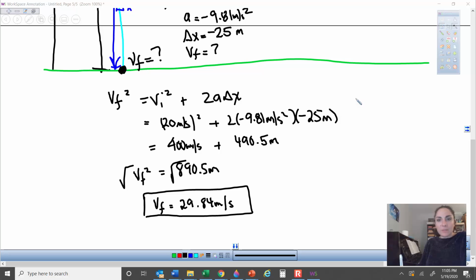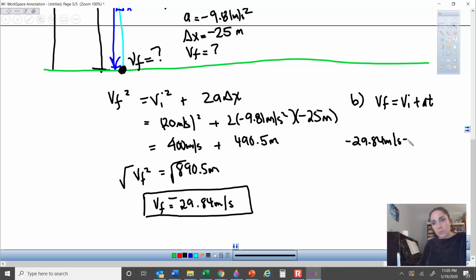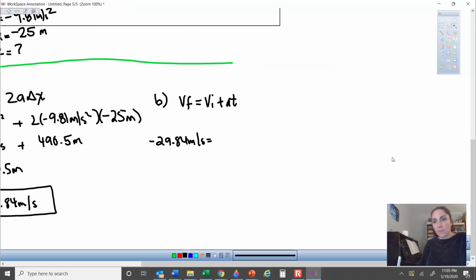Now that I have the velocity right before it hits the ground, I can use this equation instead to find time because it's just easier. And remember, I have to put that negative back in. So negative 29.84 meters per second equals positive 20, because that's what we started with, plus negative 9.81 t.